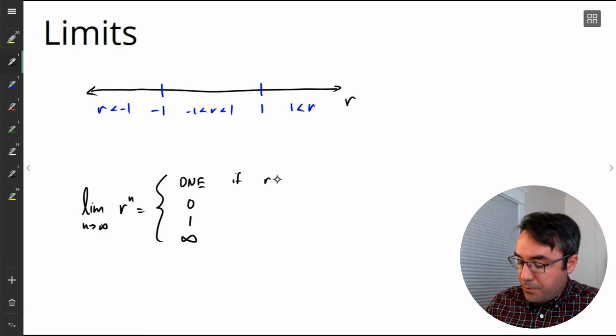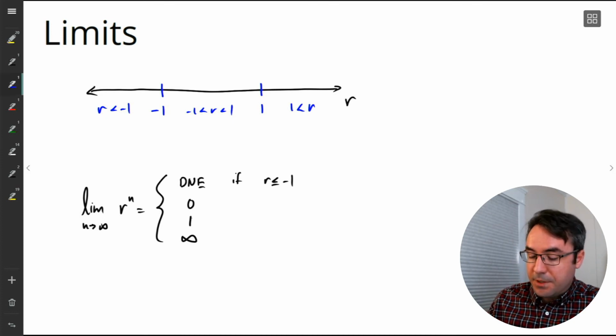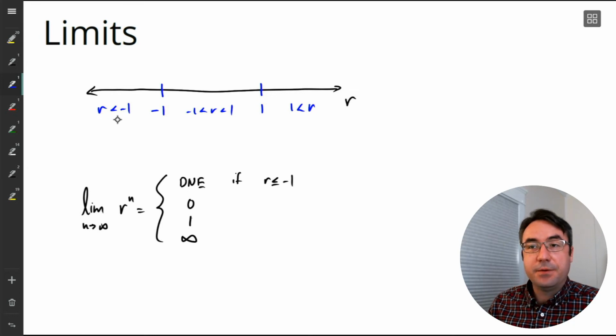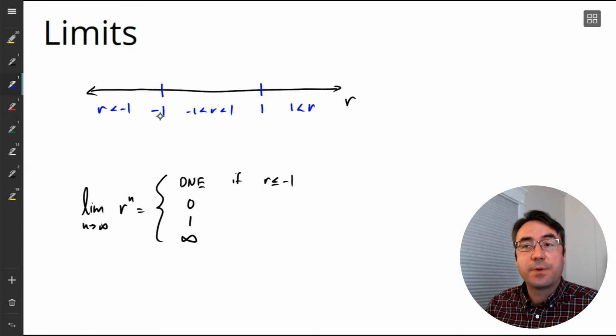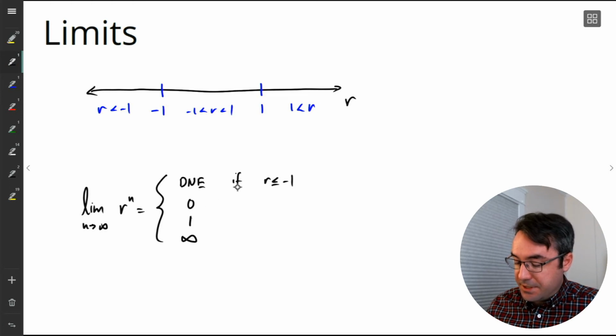if the r value was less than or equal to -1. So the r values when it was less than -1 and then also directly at -1. That's where we saw the limit of this sequence did not exist. It was equal to 0 if our r values were between -1 and +1.